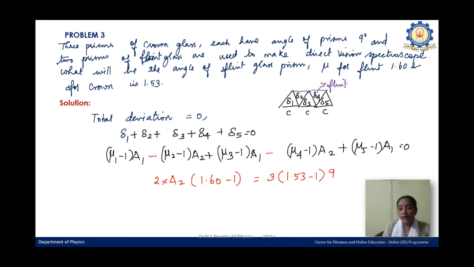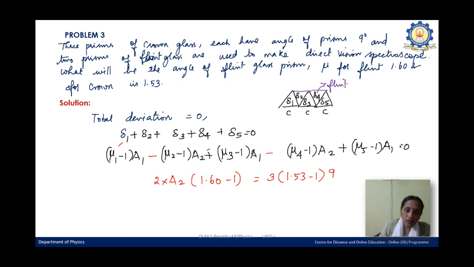What I have done, I have just substituted mu values and combined, because 3 crown glass prisms are there. So 1, 2 and 3, and the refractive index is almost the same in the 3 crown glass prisms. So keeping flint on the left hand side and crown on the right hand side.